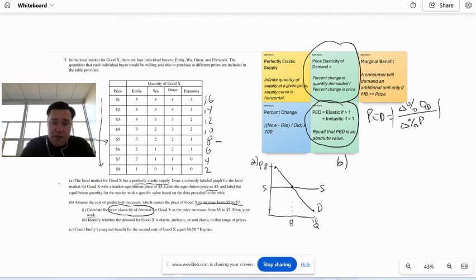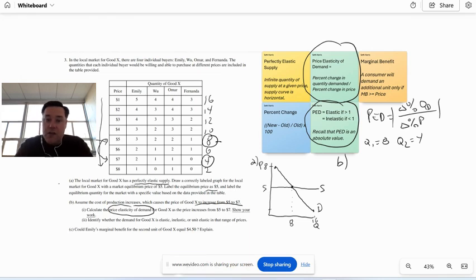All right, so let's try to fill this in. Notice when the price was $5, we know that the quantity was 8. So in terms of quantity, we went from 8, and let's go back to our chart because we know the price goes from $5 to $7, and our quantity is going to decline to 4.